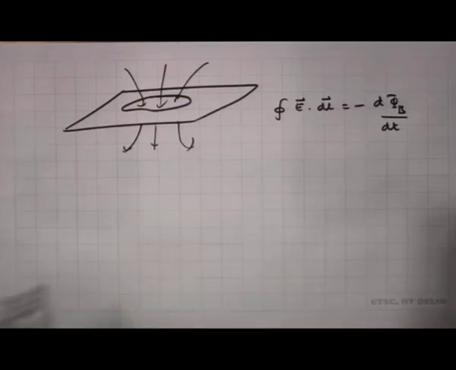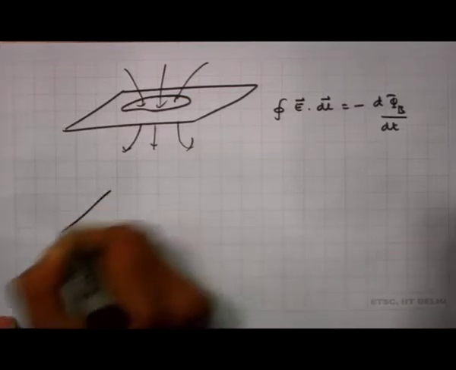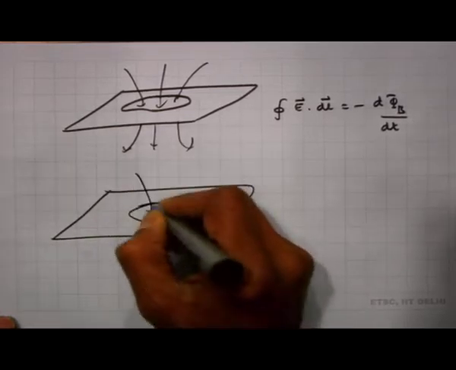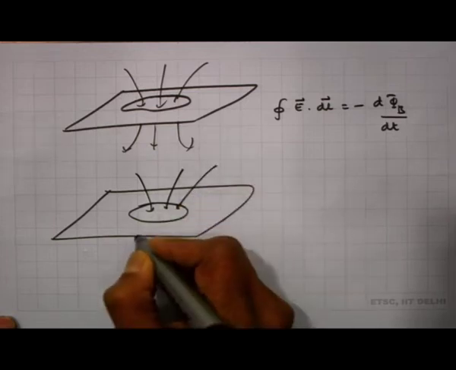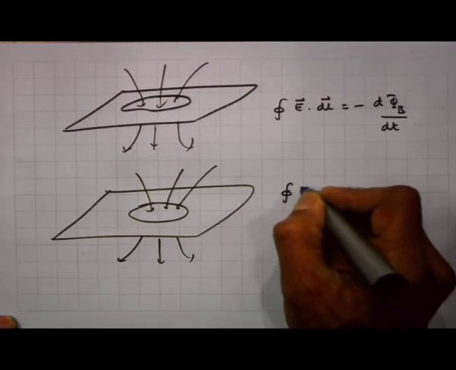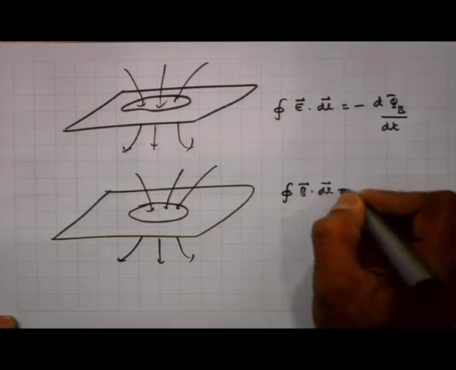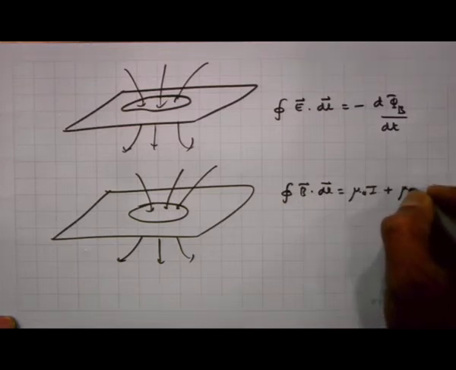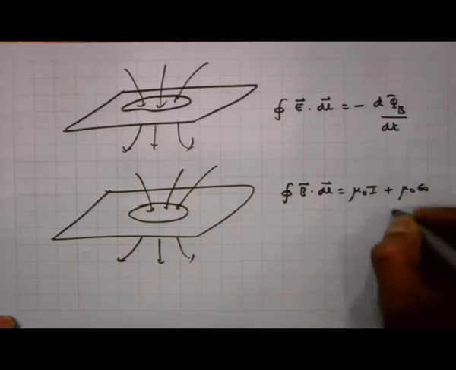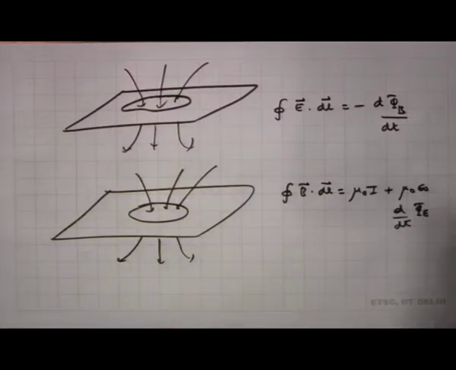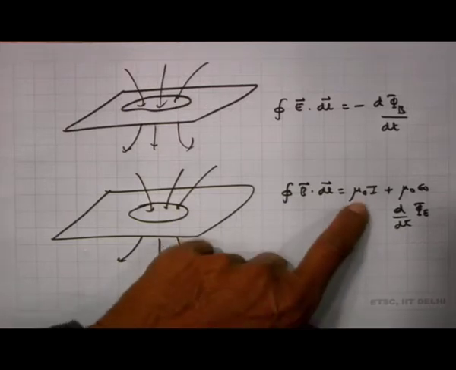And finally, we had the fourth equation. If I draw another figure here, and I had electric field lines crossing this, integral B dot dL is equal to mu 0 I plus mu 0 epsilon 0 d by dt of phi E. So, magnetic fields get induced by currents.